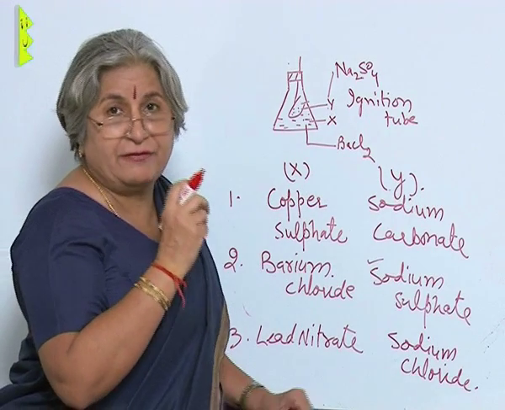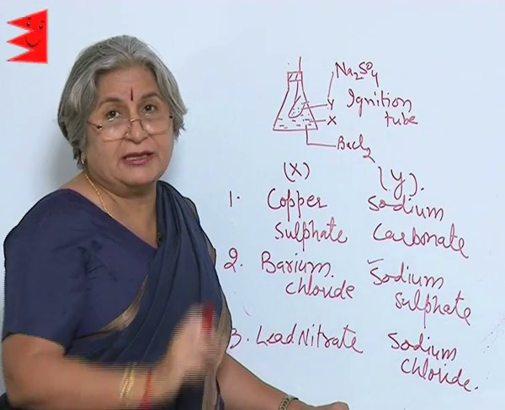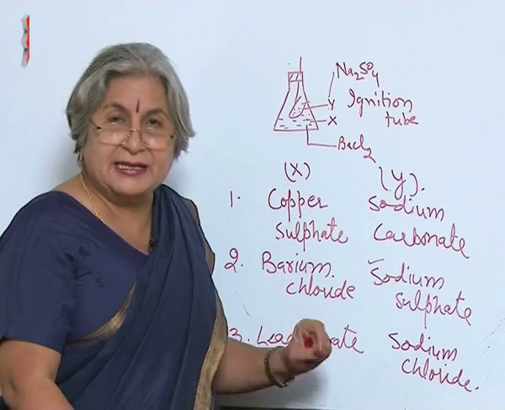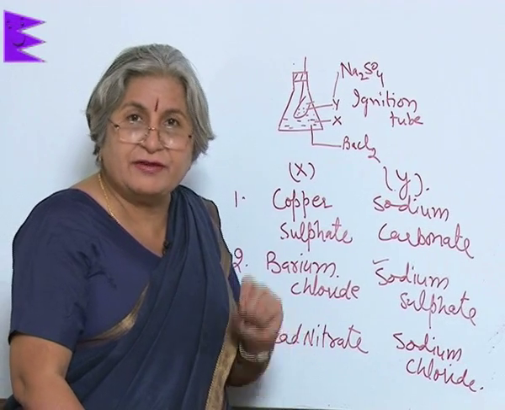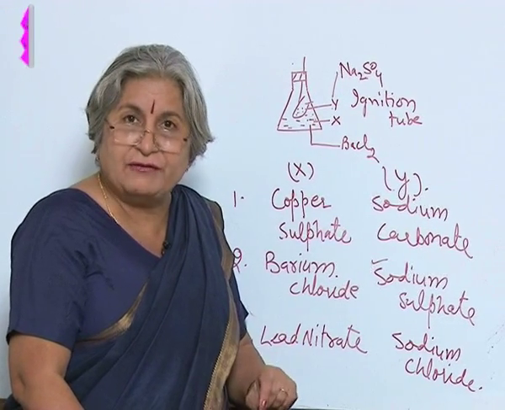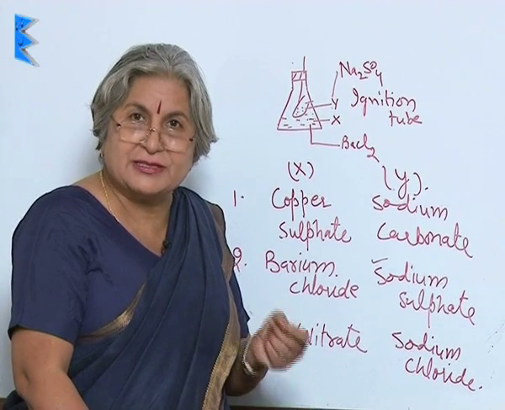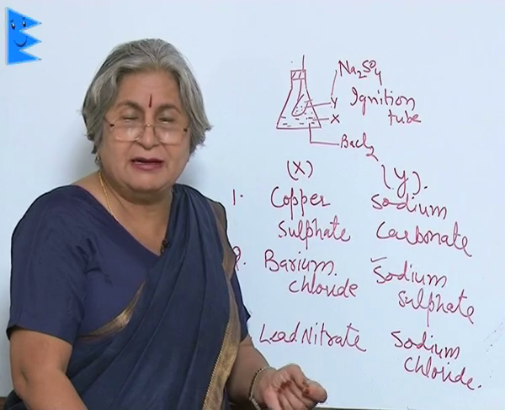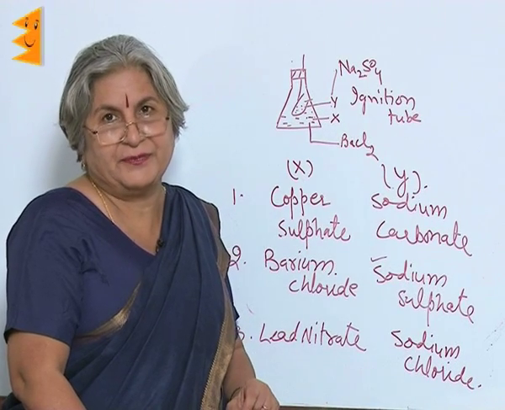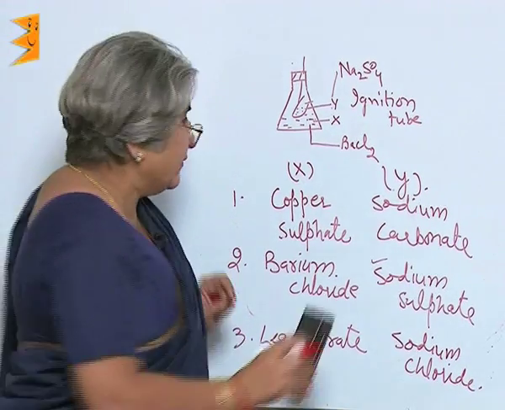Now, if we take the weight before we shake the two contents, and then again take the weight after we have shaken the contents, what we find is that although the color has changed and new substances have been formed, still the weight is the same. Now, which kind of reaction will take place?